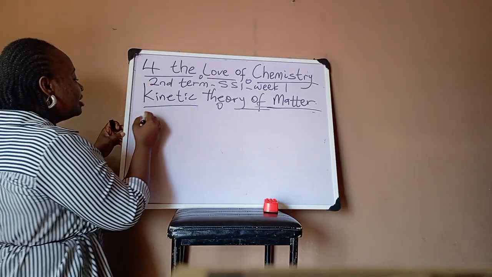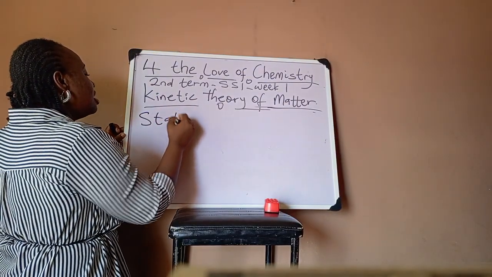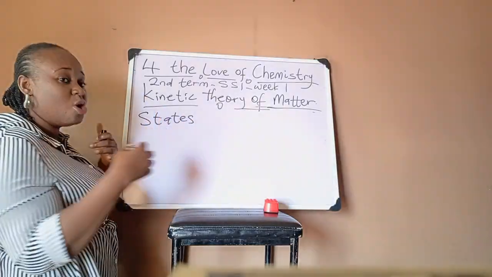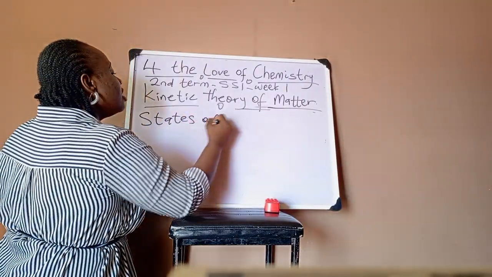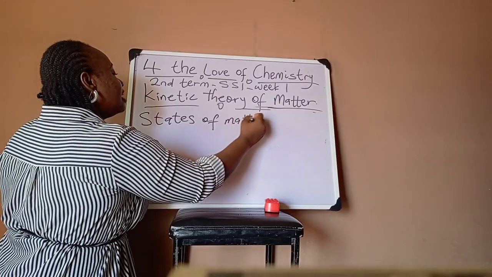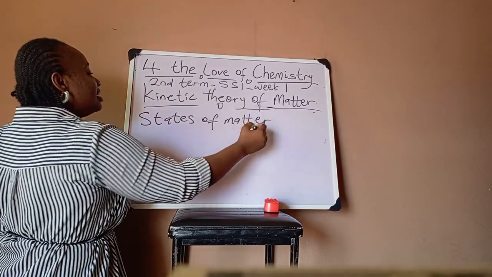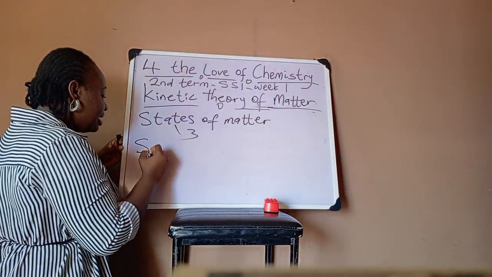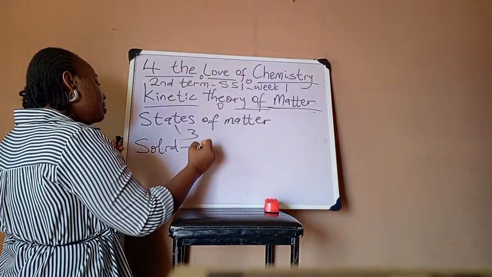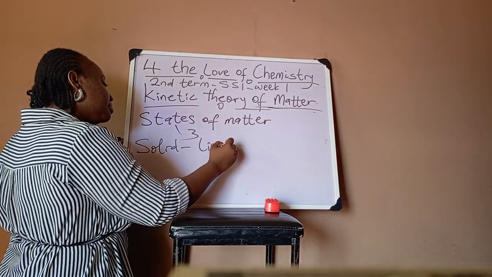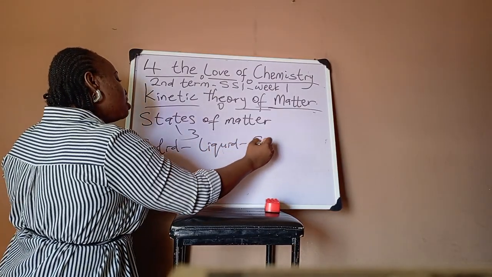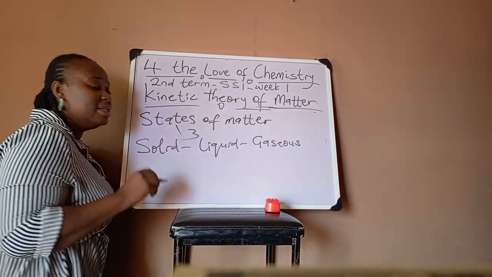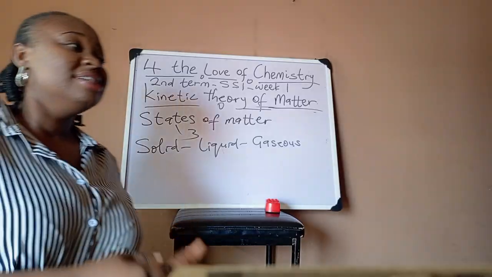Before we can discuss kinetic theory of matter, we need to discuss the states of matter. And matter exists in three states: the solid state, the liquid state, and the gaseous state.